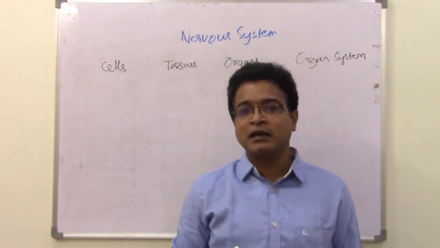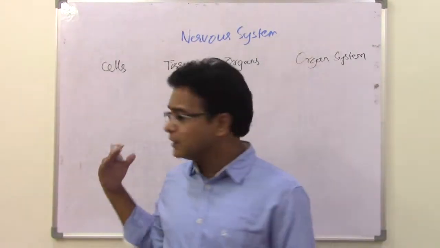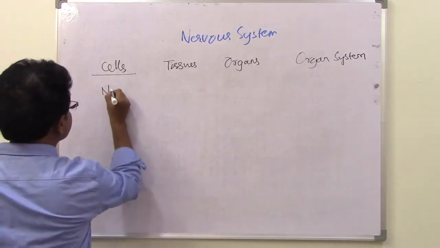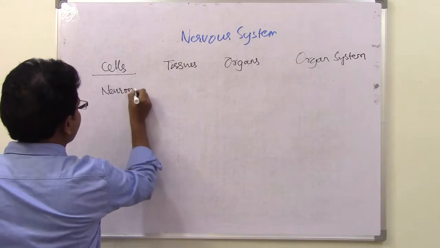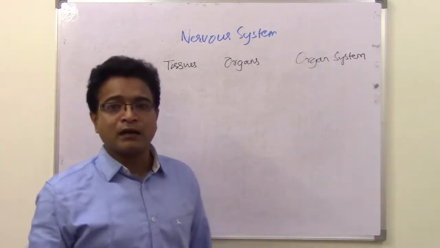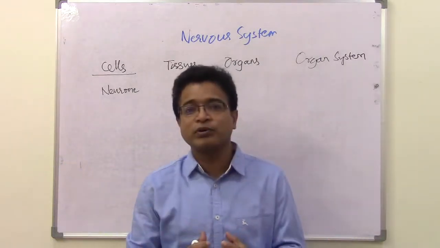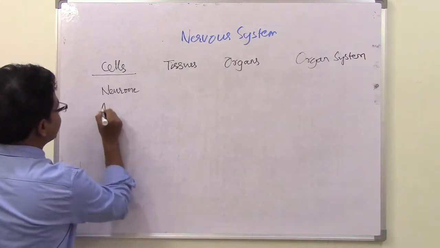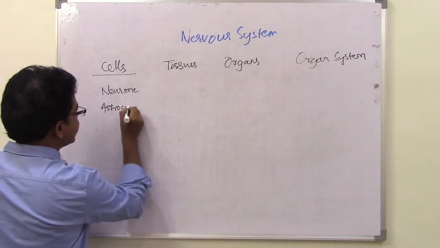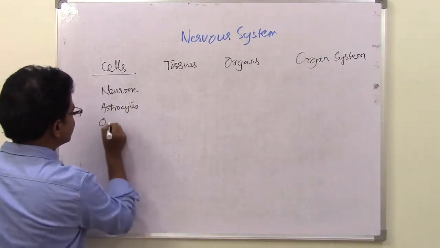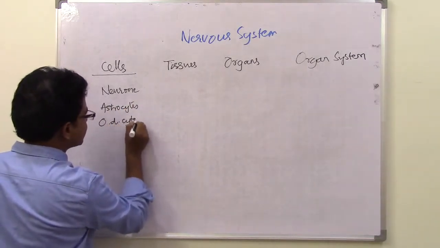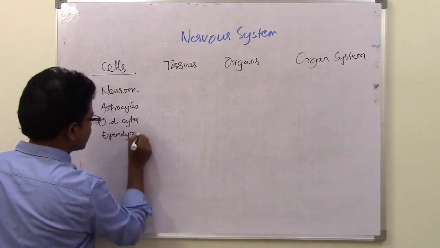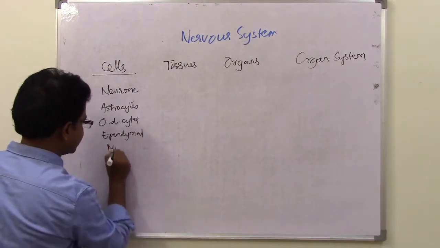The main cell doing the job in the nervous system, the functional unit, is the neuron. And a neuron alone cannot do all the functions. It needs some supportive connective tissue cells, namely astrocytes, oligodendrocytes, ependymal cells, and finally microglia.